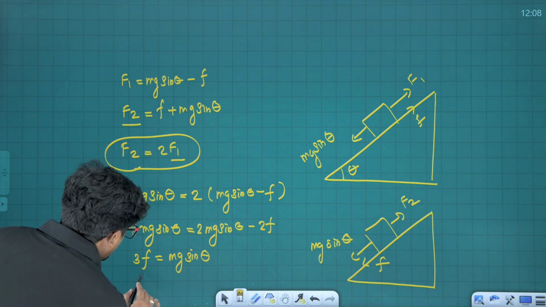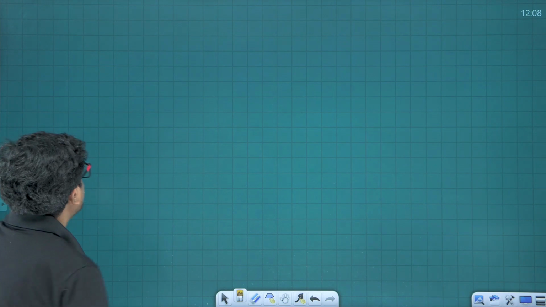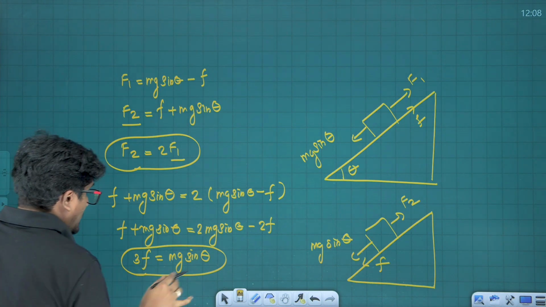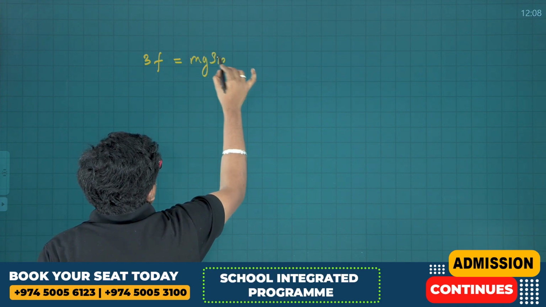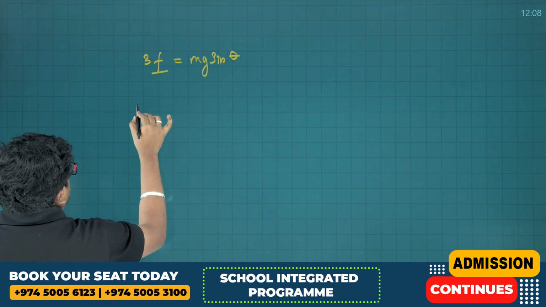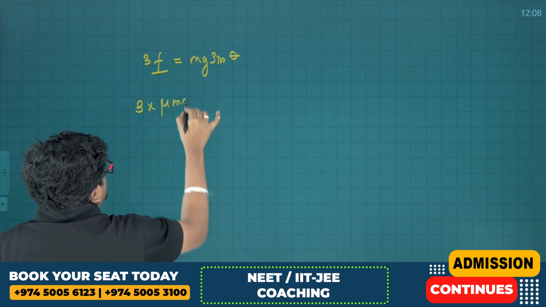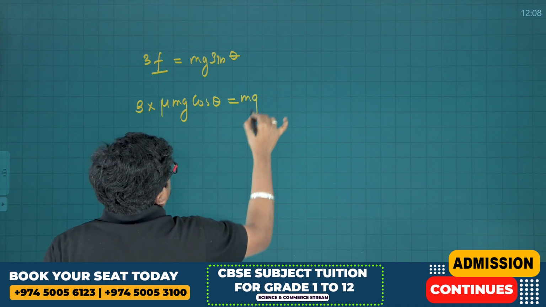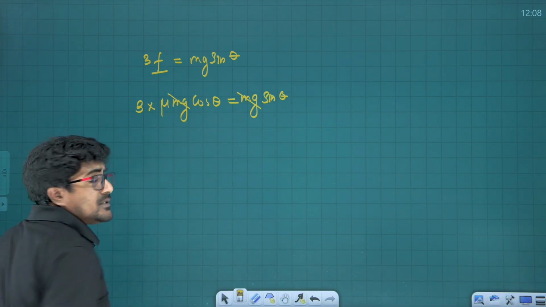So 3f is equal to mg sin theta. What is f here? 3 into f is mu mg cos theta, that is equal to mg sin theta. mg and mg will cancel.